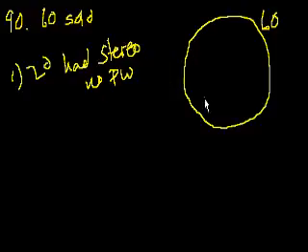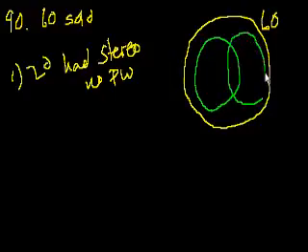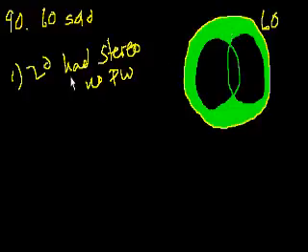So let's say that this is the pool that had stereos. This is the pool that had power windows. And what we actually care about is what had neither stereo nor power windows. So we care about this outside. Oh, that looks tacky. That's a little garish. But anyway, if this is stereos, this is power windows, this would be stereos and power windows.